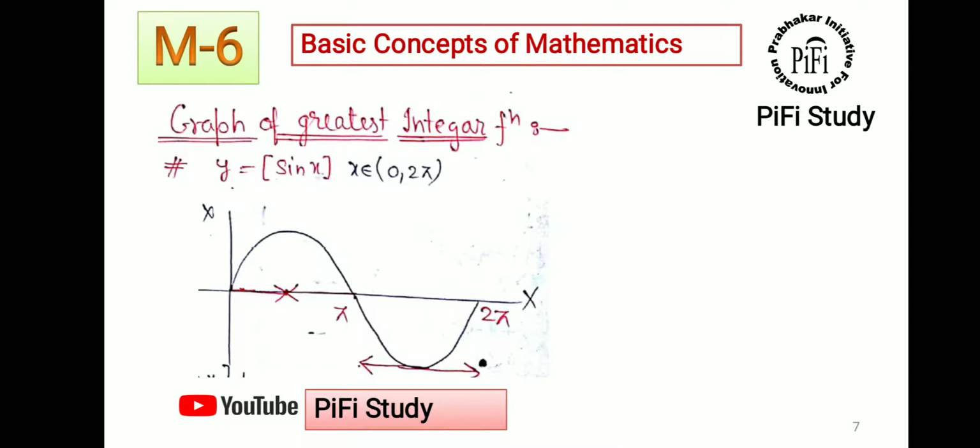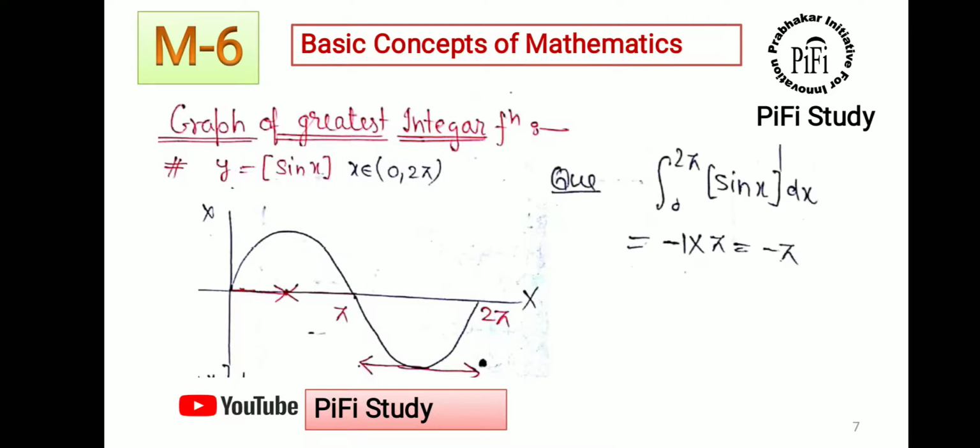So in this case, on the positive x-axis from 0, the first step is 0. For pi to 2 pi, you will get the plot in the negative direction, because it has value on the y-axis of something like minus 1. So in that way you can draw this.